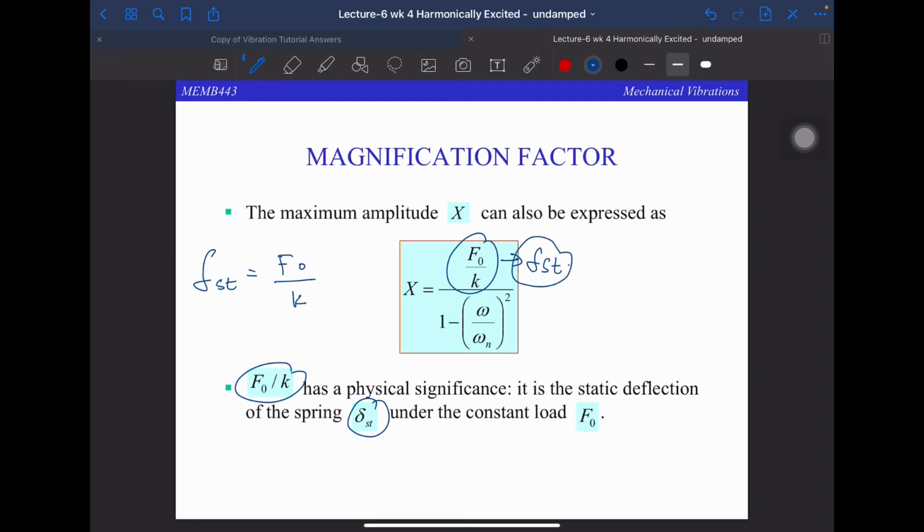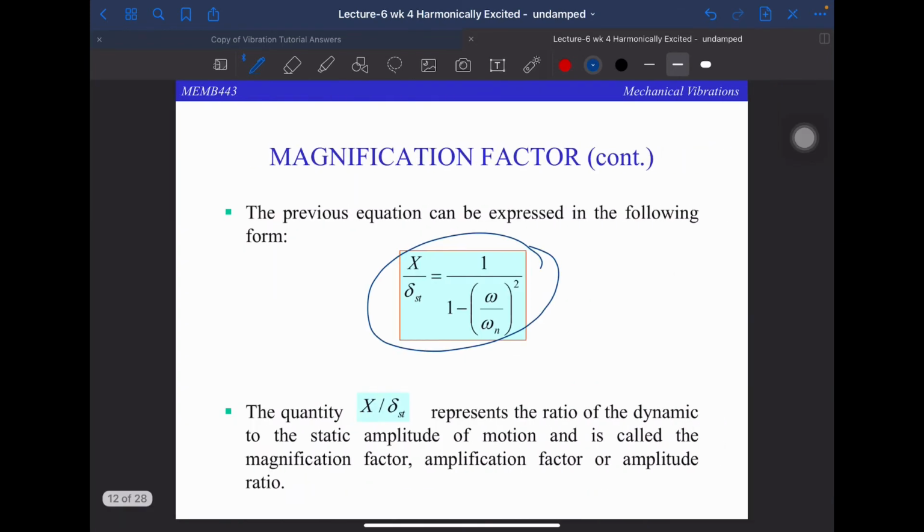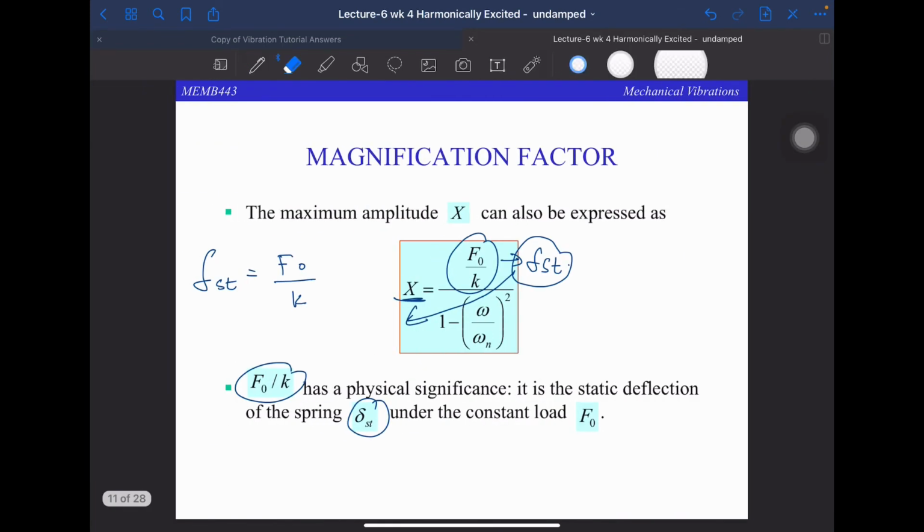They just bring static deflection to the left side over the x, and it becomes this, that's all. So we can use either formula, depending on what you are going to do. But the question asks you to find the x, so we can find the x using this formula.